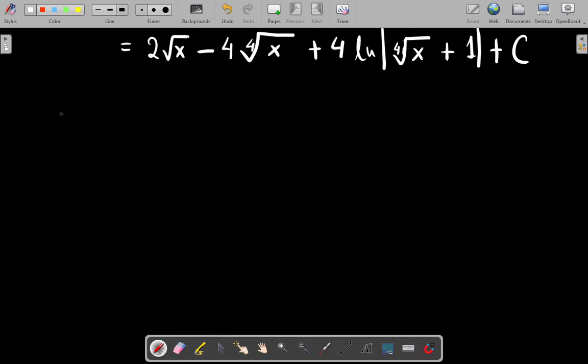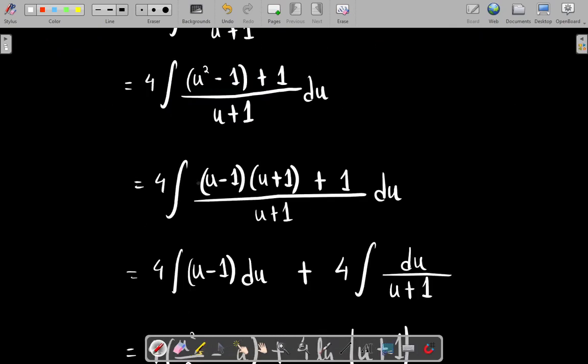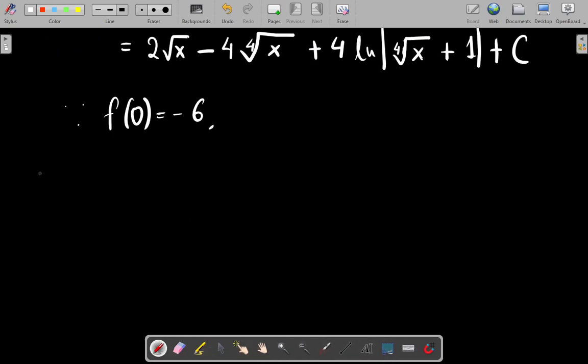Now the condition that was given is f(0) equal to -6. So if we put x equal to 0 in this expression, the left hand side is the f(x) value, which is equal to -6. If we put 0 in this expression, 2 root 0 is 0, 4 times the fourth root of 0 is again 0, and then we have 4 ln 1, and ln 1 is again 0.